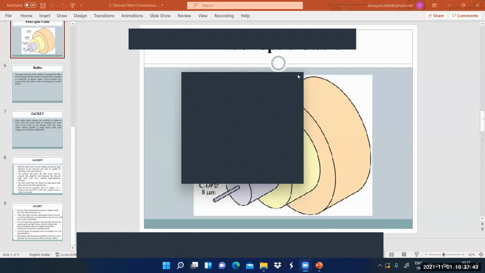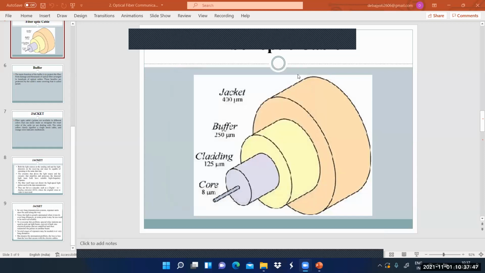So for the case of jacket, both the light source at the sending end and the light detector at the receiving end must be capable of operating at the same data rate. Okay. So here, can you tell me, for optical fiber cable, what is the optical source and what is the optical detector?